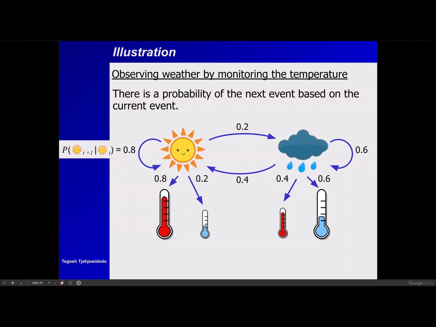Okay, so from a stochastic point of view, from a statistic point of view, this 80% probability of having tomorrow sunny given today is sunny, I can write it with this symbol: the probability of tomorrow sunny given today is sunny.